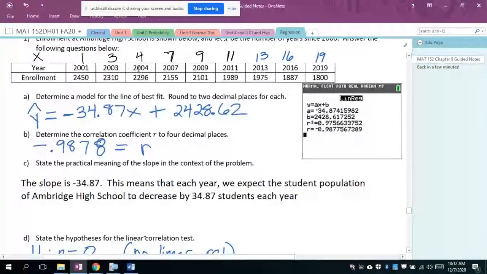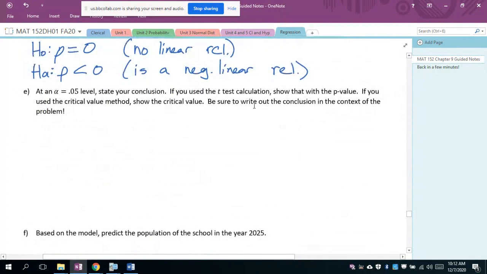Well, since there are 1, 2, 3, 4, 5, 6, 7, 8, 9 pieces of data, the degrees of freedom is going to be 7. I always like to do the t calculation, and t is going to be negative here.